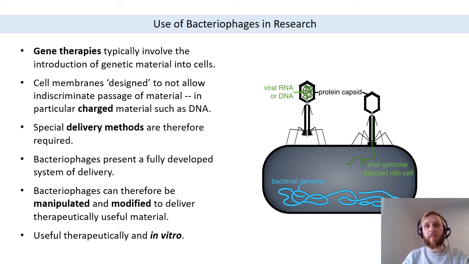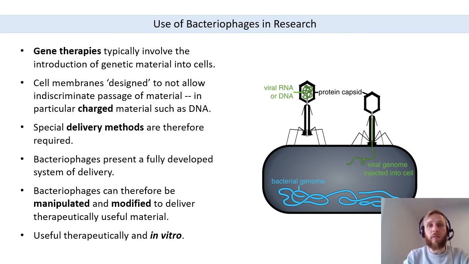And best case scenario, even if it stays in there, once the cell starts replicating, not all of the produced copies will have the new genetic information, because it's not going to be copied like the host genome, because it's not part of the host cell genome. It's just kind of existing in the cell. So there are these barriers again.